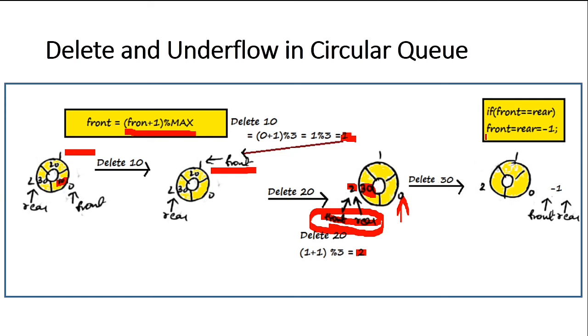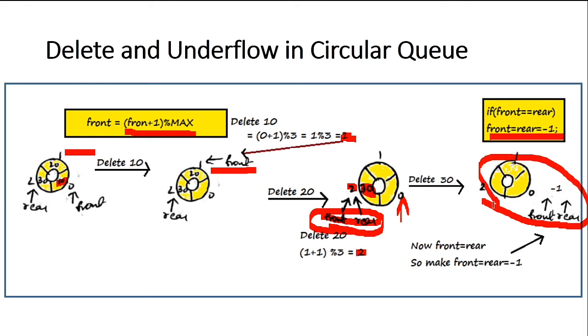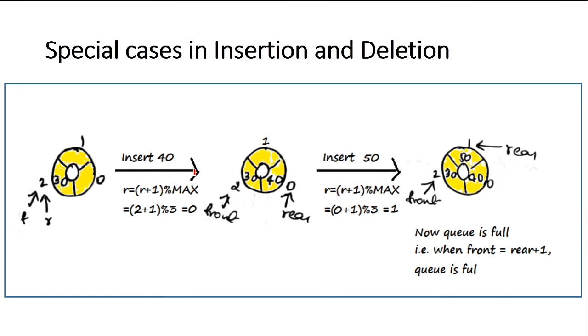So by that time you need to conclude that it is an empty queue, and you need to make it the initial condition, that is if front and rear both are equal, then make front is equal to rear is equal to minus 1. Now front is equal to rear, so make front and rear equal to minus 1, just like this. Okay, this is how delete and underflow work in circular queue.